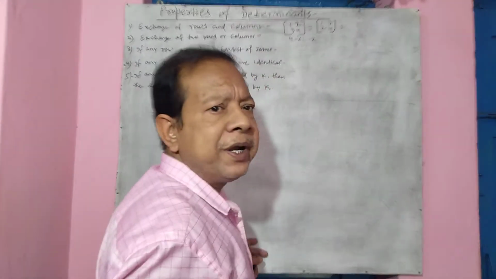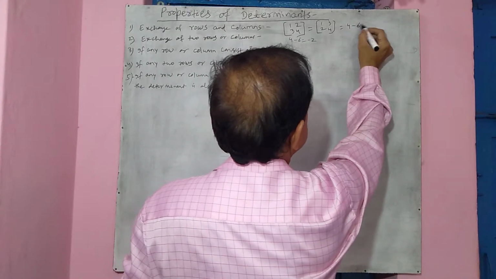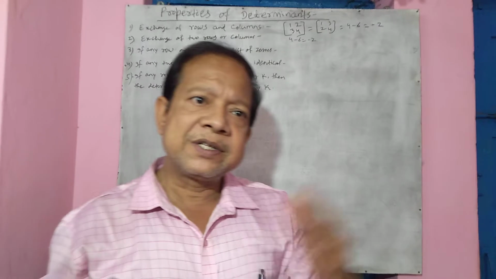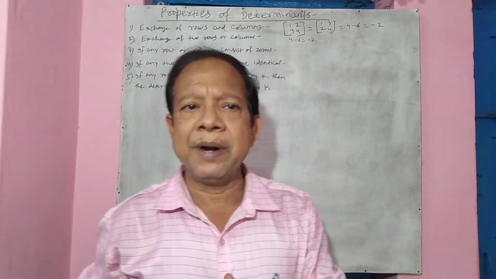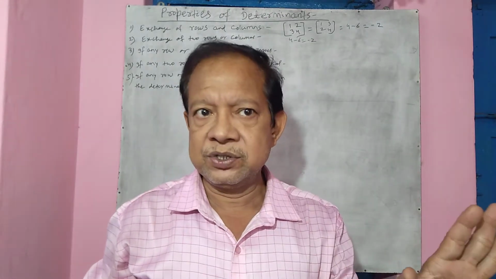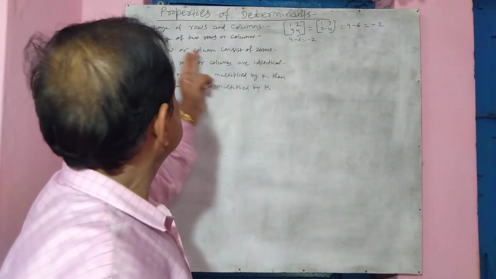Then what will be the determinant? Again 4 minus 6 is equal to minus 2. So if we exchange the rows and columns of a matrix, the determinant will remain constant. It will not change. First property clear. Come to second property.